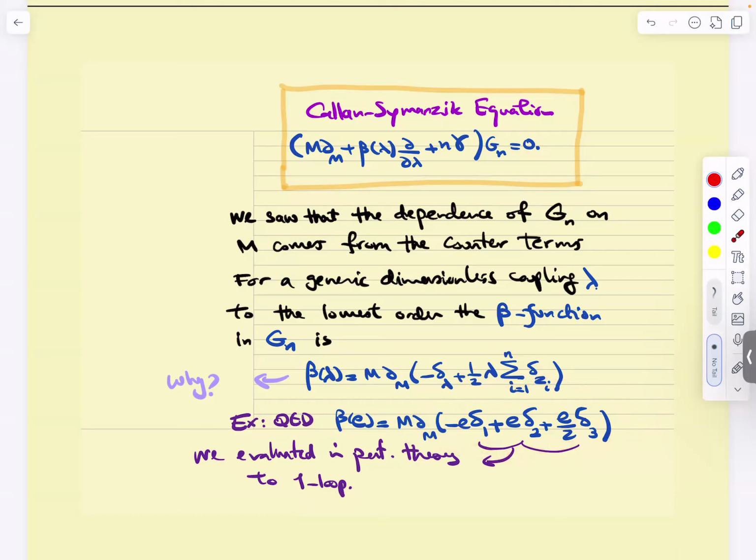Then we plugged in the value of these deltas because we renormalized QED at one loop, so we knew the value of these guys. We plugged them in, and we found, interestingly, that the beta function for E was positive, which means that the coupling of electron with photon grows in the UV.